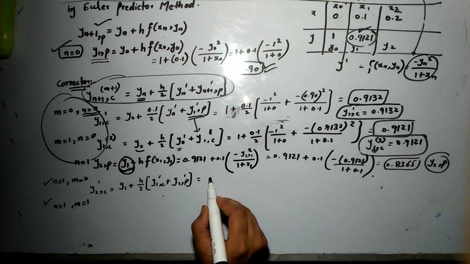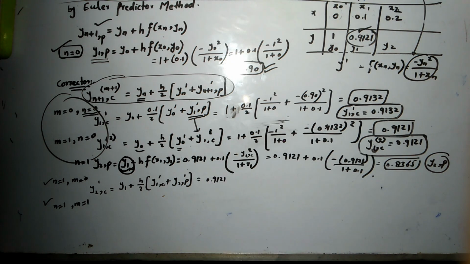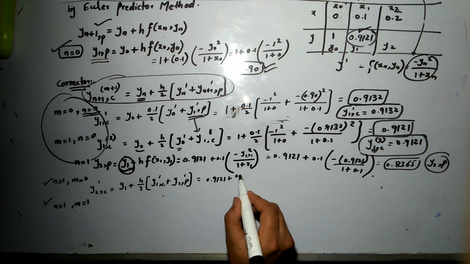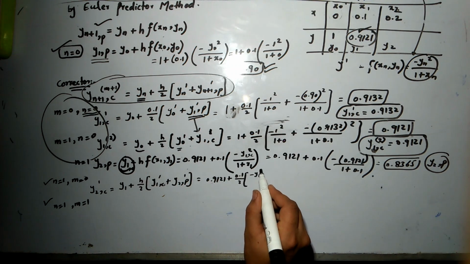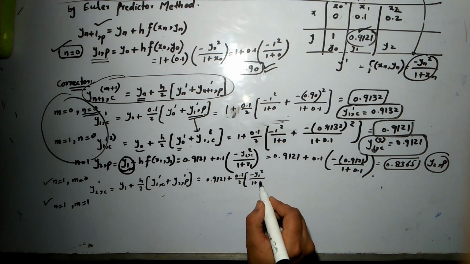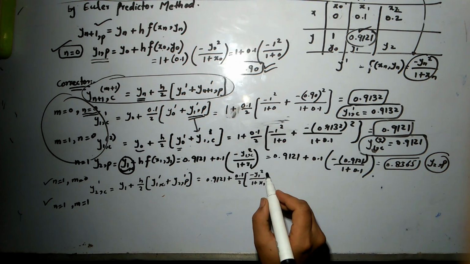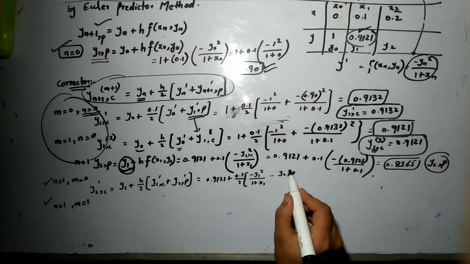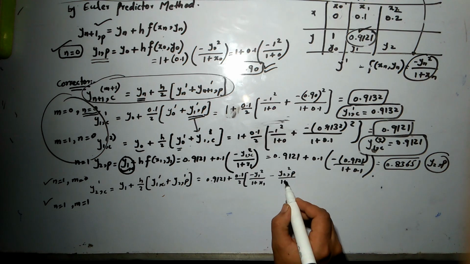So y1 is equal to 0.9121 plus h, which is 0.1, over 2 times minus y1 squared over 1 plus x1, and minus y2 of p squared over 1 plus x2.